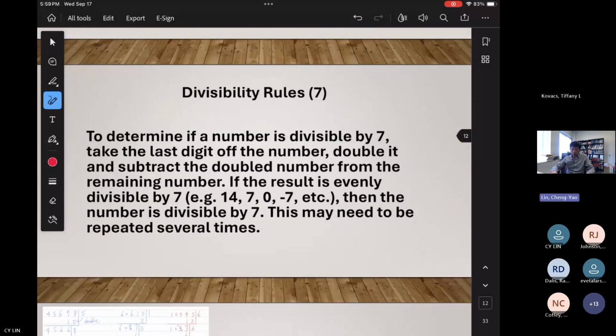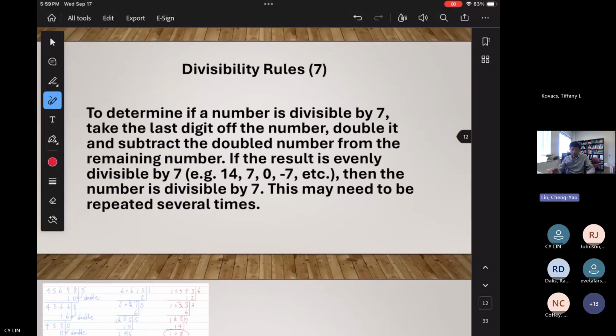So we move on to the next one, the divisibility rule for 7. We have finished 2, 3, 4, 5, and 6. What about 7? To determine if a number is divisible by 7, take the last digit off the number, double it, and subtract the doubled number from the remaining number.